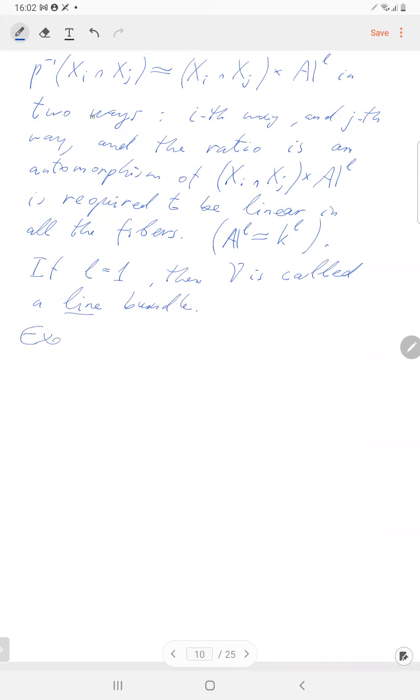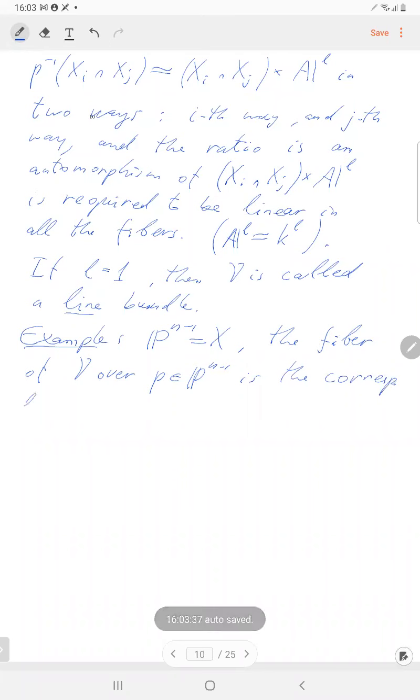And the basic example is the base projective space, our X, and V. Well, let me say the fiber of V over a point in projective space is the corresponding line in A^n, right?